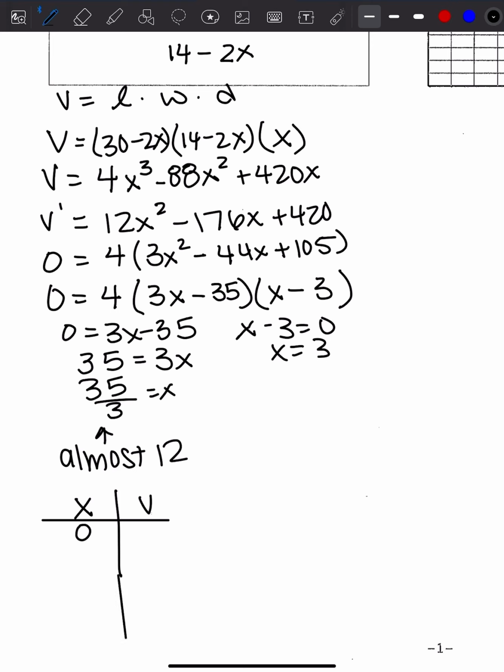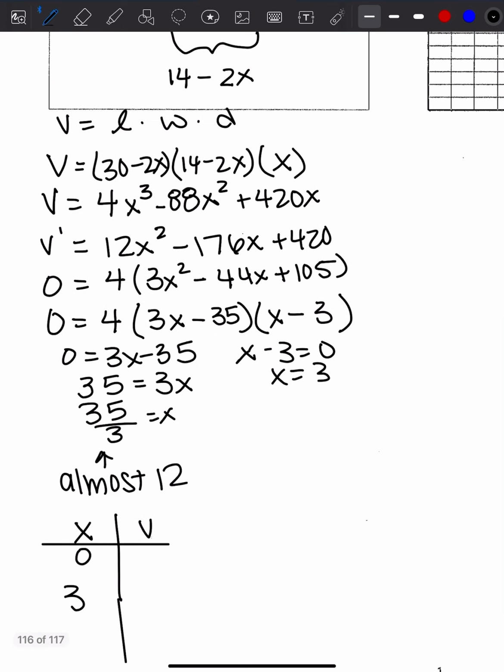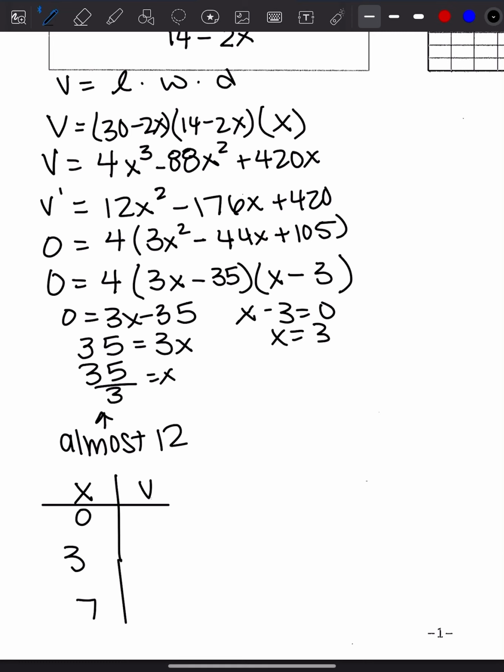So I could take out 0 inches. 3 was our critical point, and the most I could take out would be 7. If I take out 0, then I have 0 times some other stuff. If I take out 7, 14 minus 2 times 7 is 0.